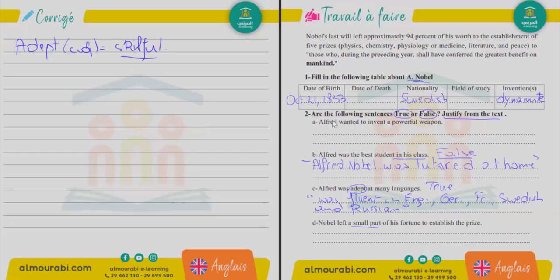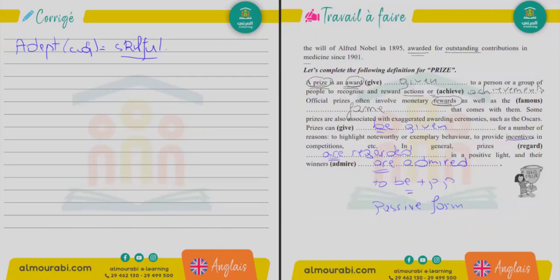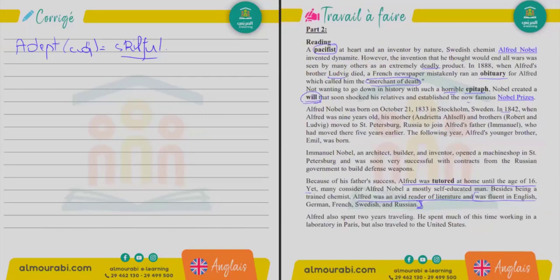We skipped the A here: Alfred wanted to invent a powerful weapon, which I come back to in paragraph number 1. We forgot to continue reading.